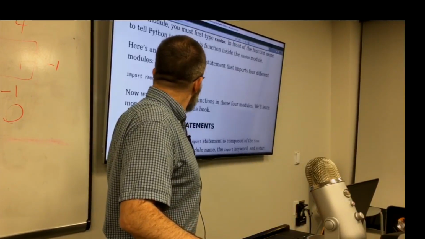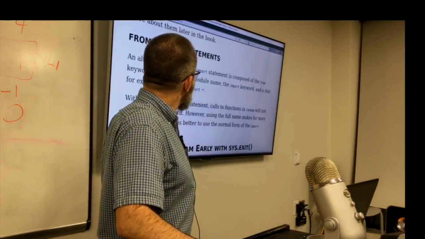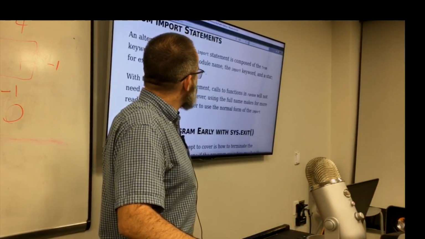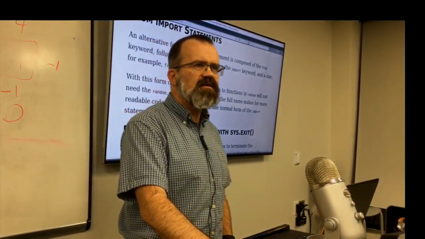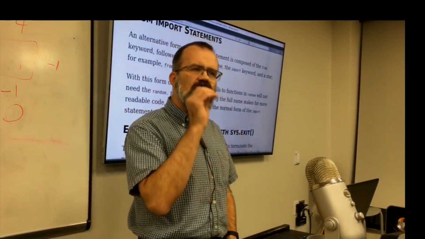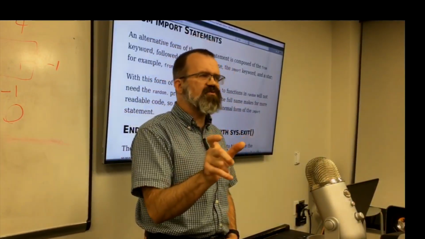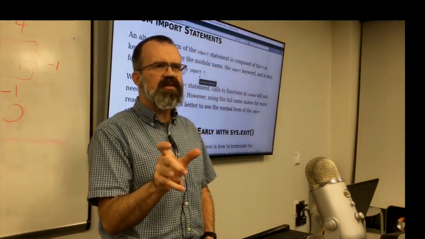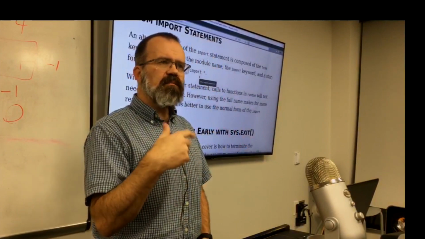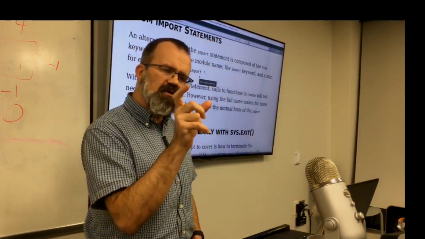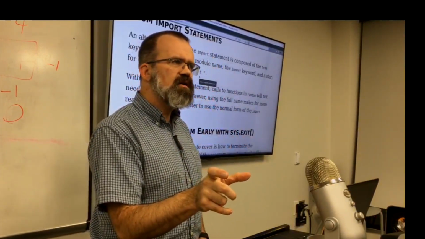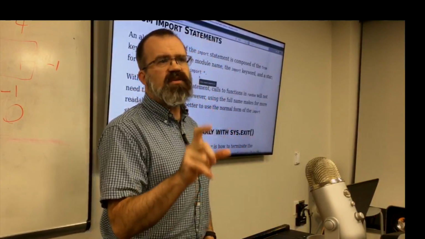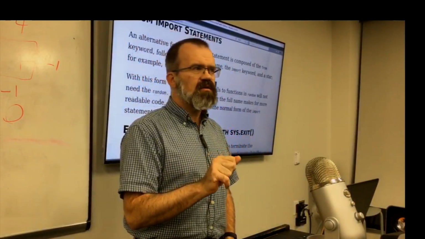If I decided to limit my import and say from random import randint, this is me saying I only want to import a specific function from this package and whatever else is necessary to make that work. But my program itself, if I'm not using the word randint, then I'm referring to something that's not in that package.